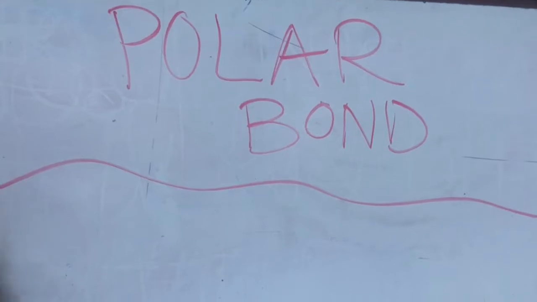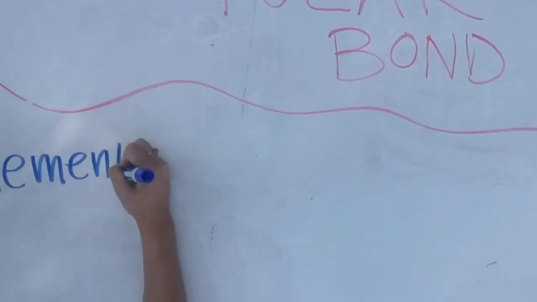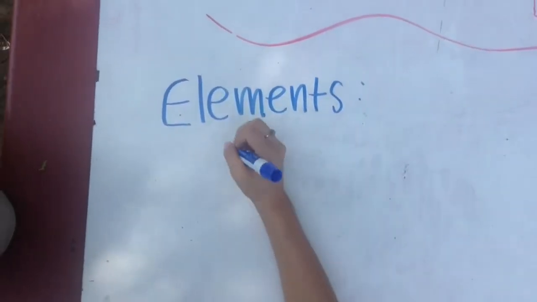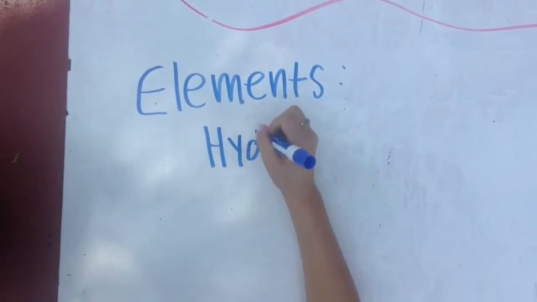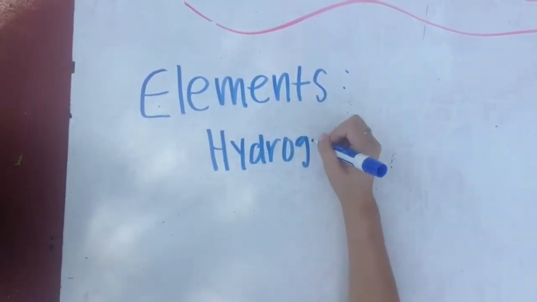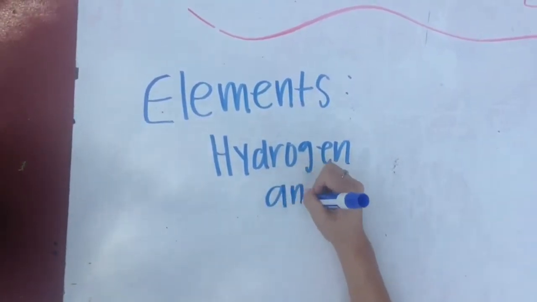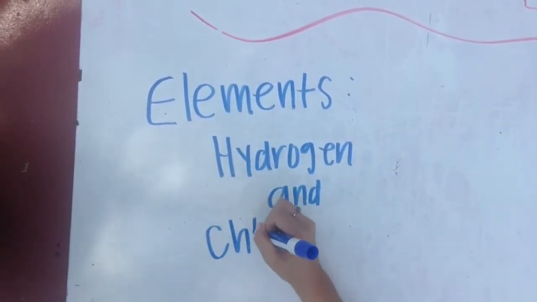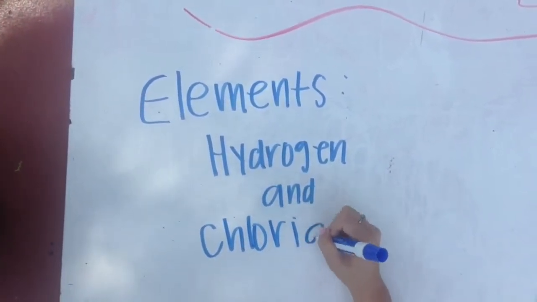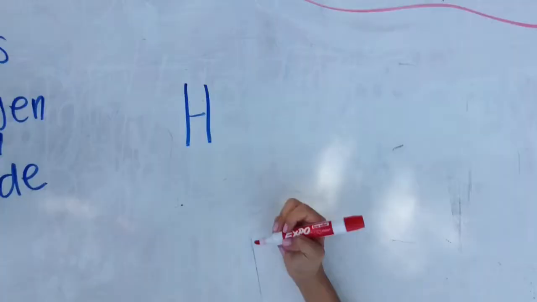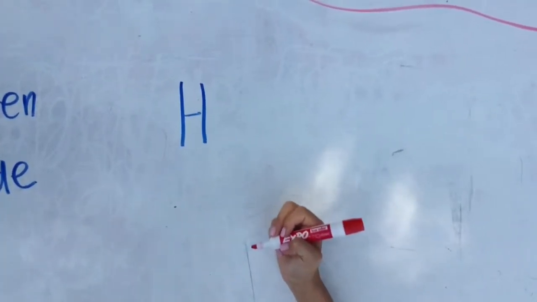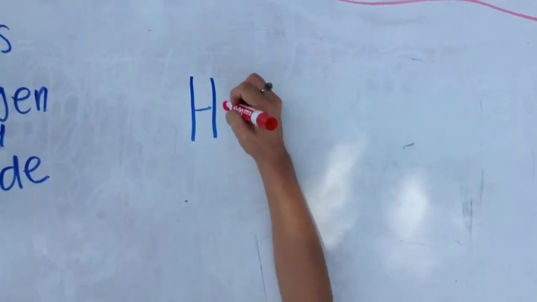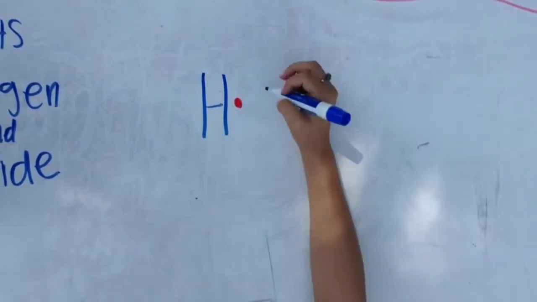We'll be learning about polar bonds, and we're going to be using two elements, hydrogen and chloride. My friend Carly over here is writing our elements. We're going to use an H to represent hydrogen, and then a Cl to represent chloride.